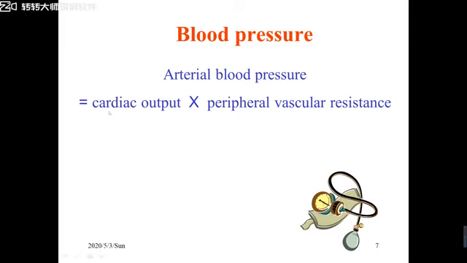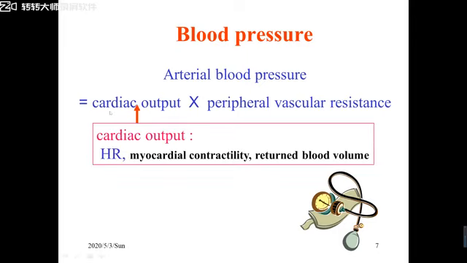And cardiac output is also determined by heart rate, by myocardial contractility, and by retained blood volume. So we know that heart rate increase, or myocardial contractility increase, or retained blood volume increase, will increase cardiac output, will increase blood pressure, and induce hypertension.